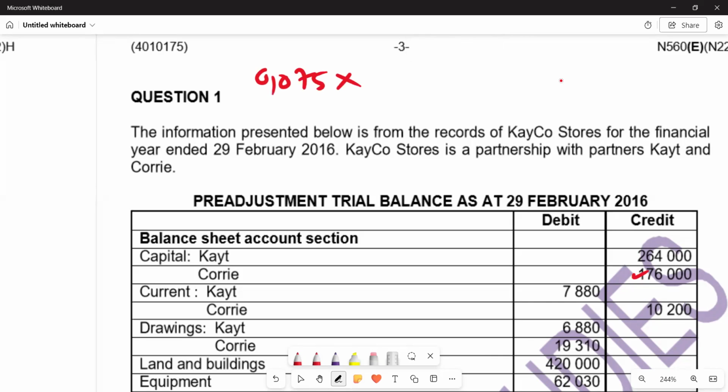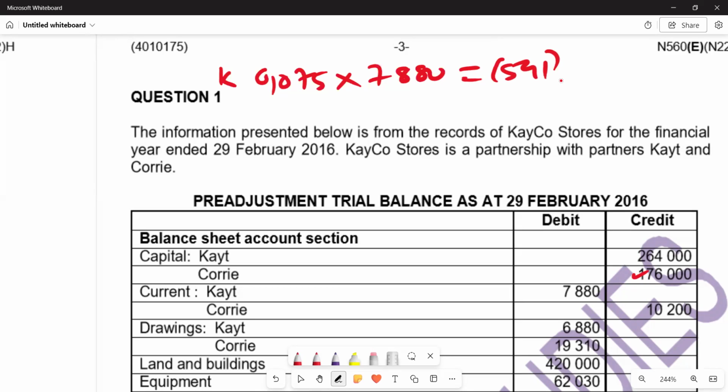Then we multiply by, for Kate, a debit balance. When we have a debit balance, we show it in the appropriation as a negative figure. So we multiply by 7,880 and the answer is 591. You can verify that by saying 0.075 times 7,880, and you get 591. We show it as a negative in the appropriation.